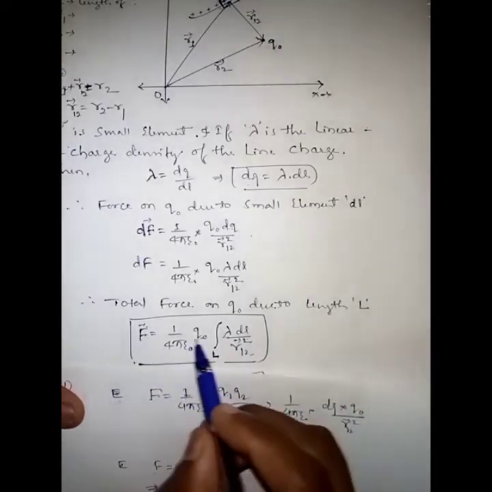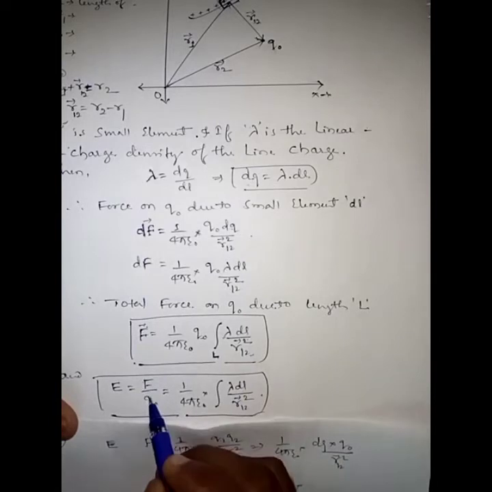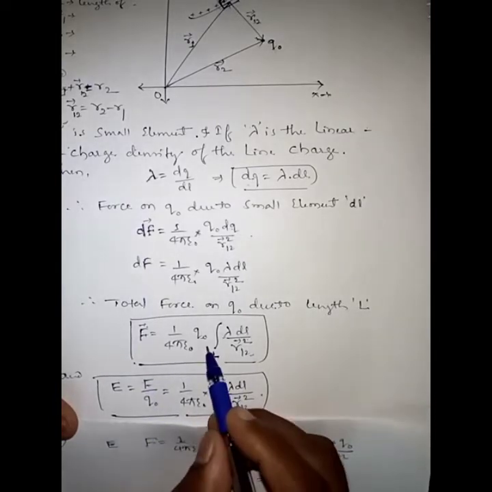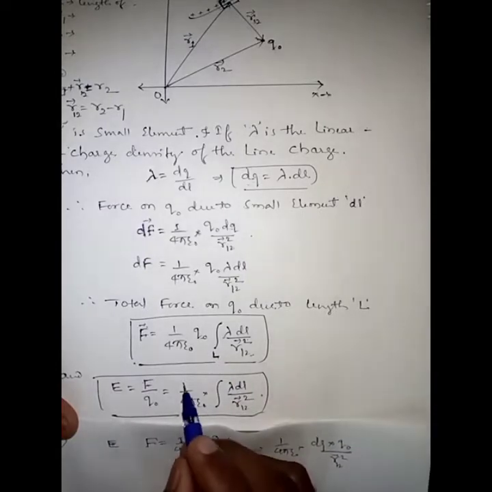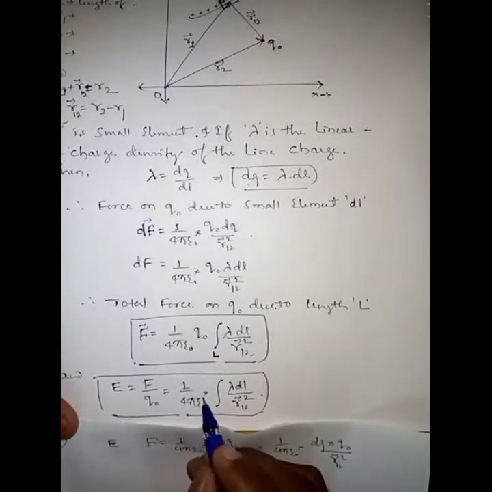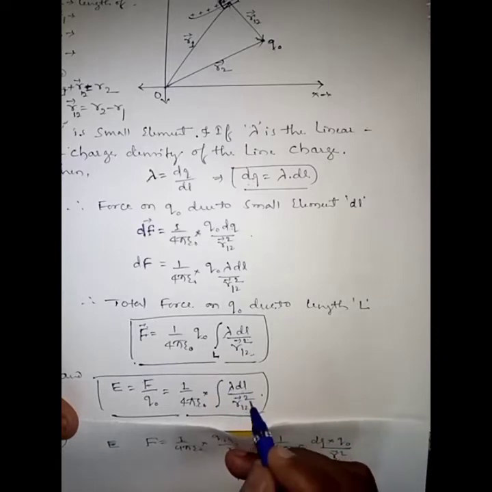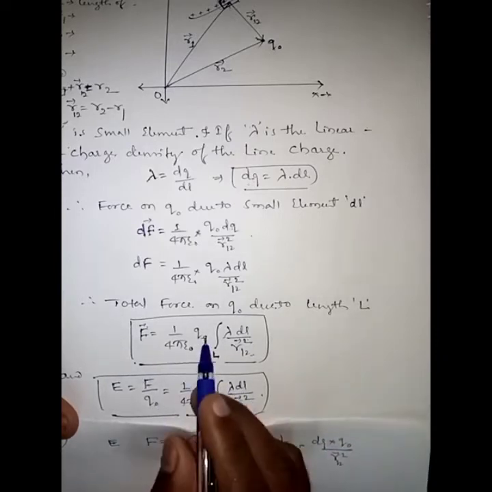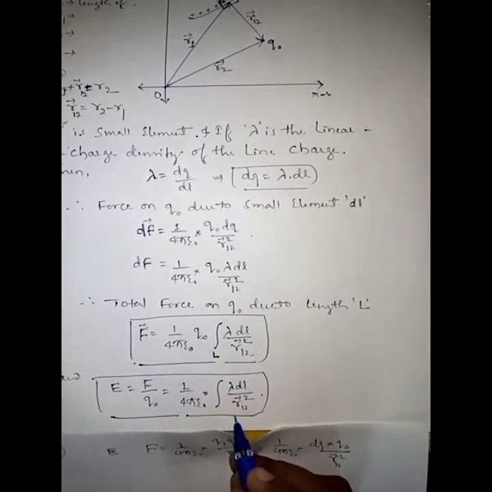Now substitute the value of F. E is equal to F divided by q naught. This q naught gets cancelled. What is the remaining one? 1 by 4 pi epsilon naught into integration of lambda dl by r12 square. This is the expression for the electric field due to a continuous charge, the linear distribution of charge.